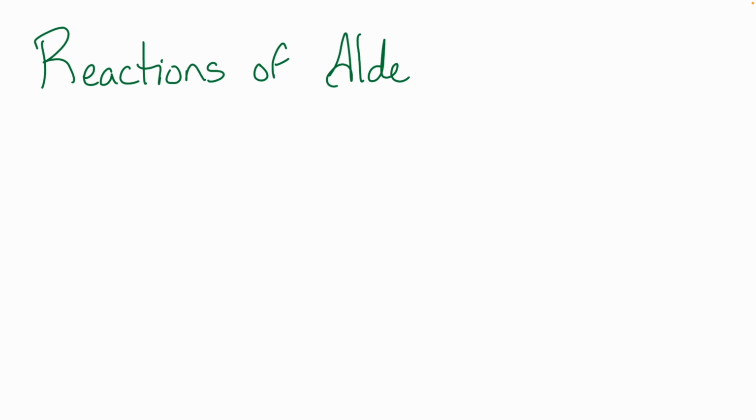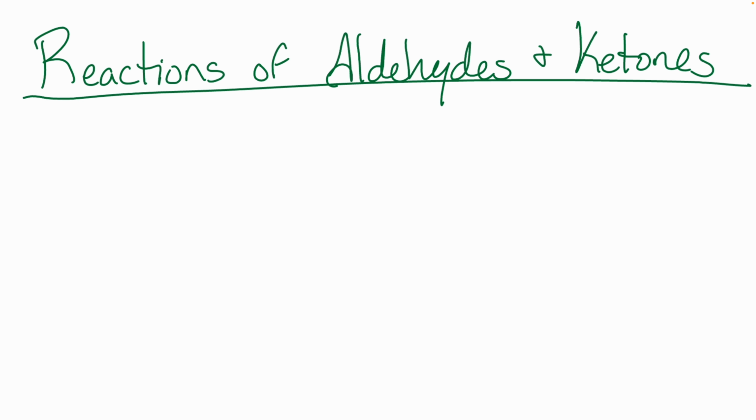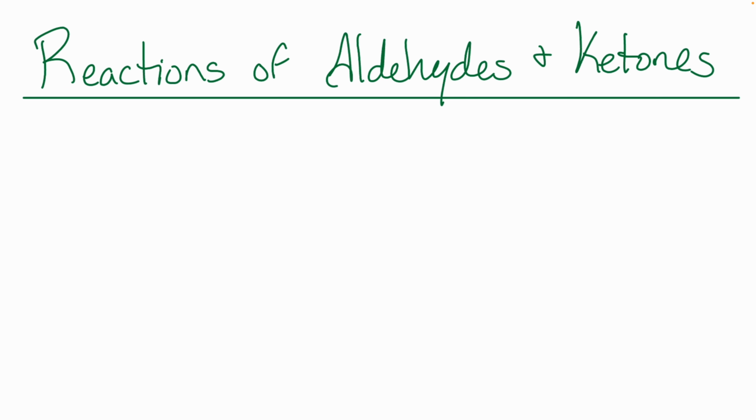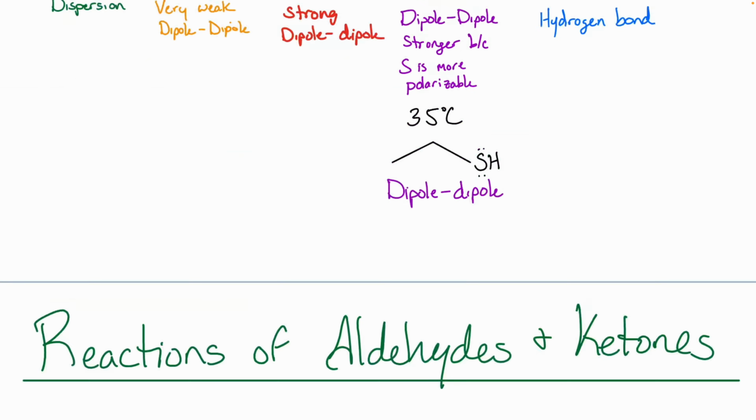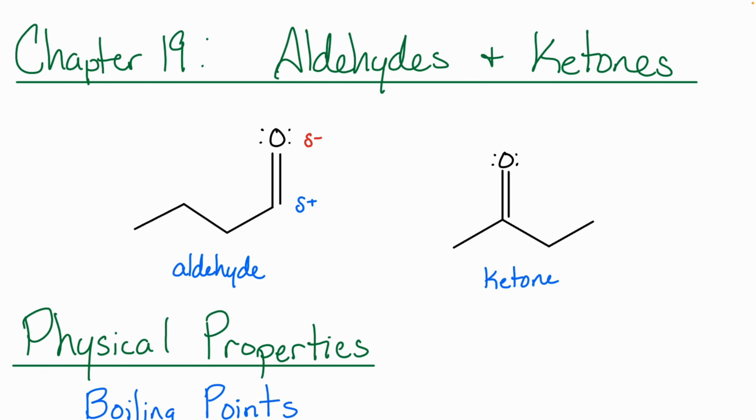Okay, so let's now introduce reactions of aldehydes and ketones. It's always bothered me a little bit that they're considered two different functional groups, because their behavior is very similar, right?